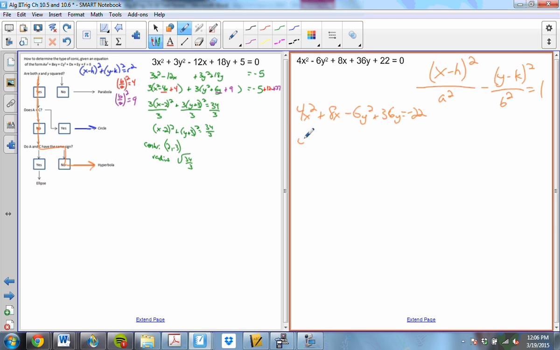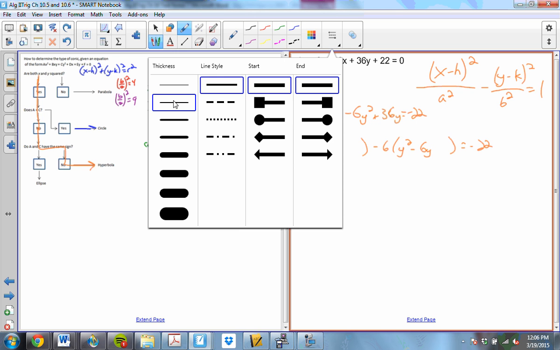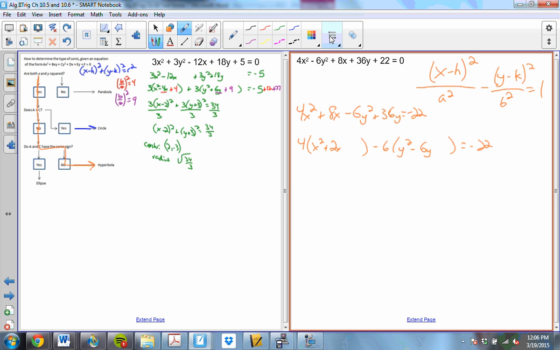I'll factor out a 4 from here, so I have x squared plus 2x minus 6 times y squared minus 6y equals negative 22. Calculate b over 2 squared. So here, b over 2 would be 2 over 2, which is 1. Squared is still 1, so add a 1 here, which is really a 4.